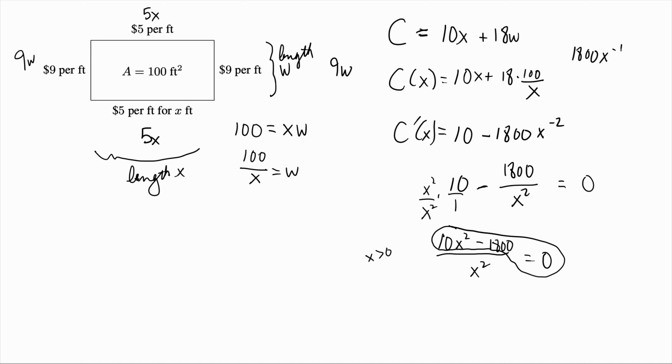Taking a look at this equation, we can divide both sides by 10. So we're left with x squared minus 180 is equal to 0. So x squared is equal to 180, and then x would be equal to plus or minus the square root of 180, but we're not interested in the negative solution. We're only interested in the positive square root of 180.